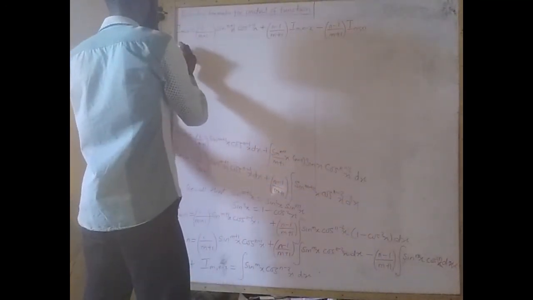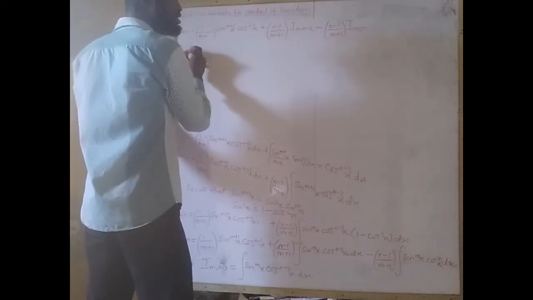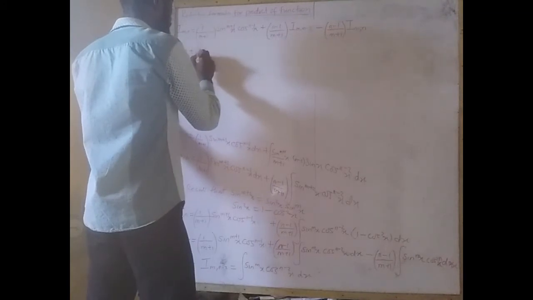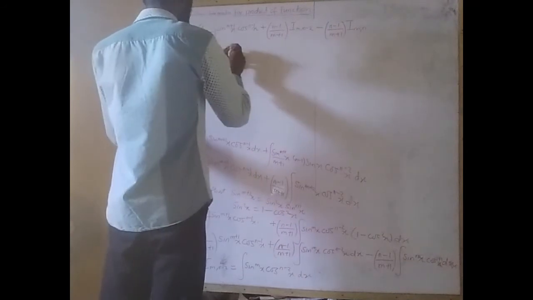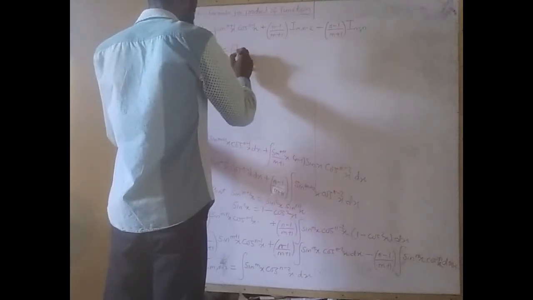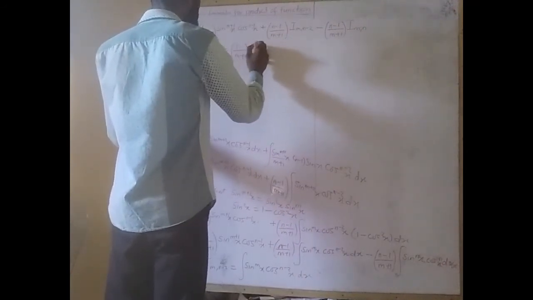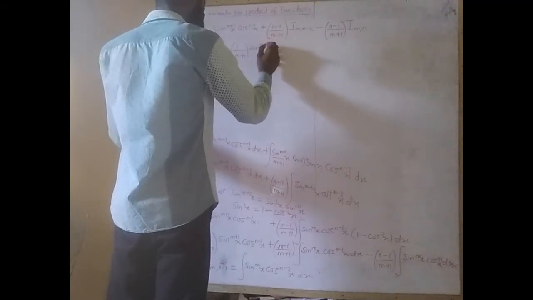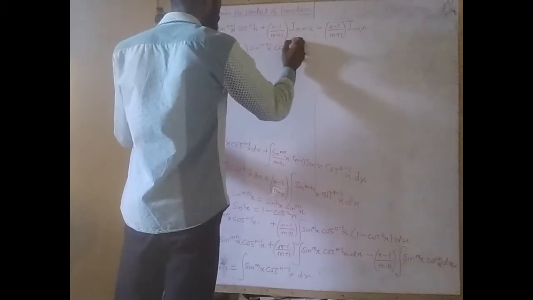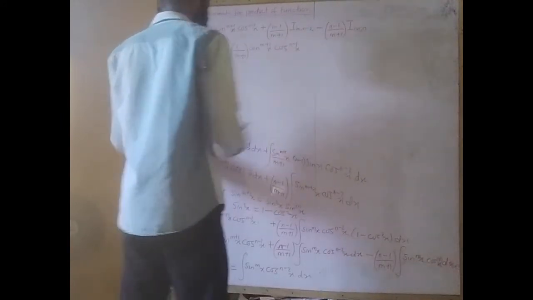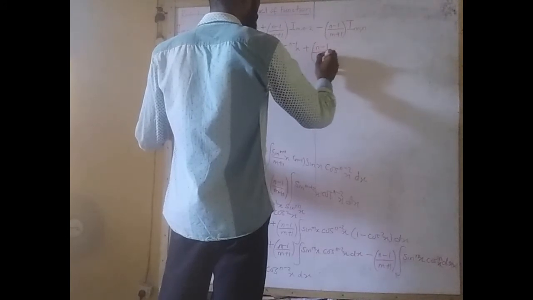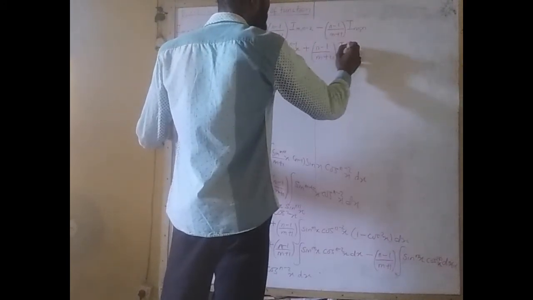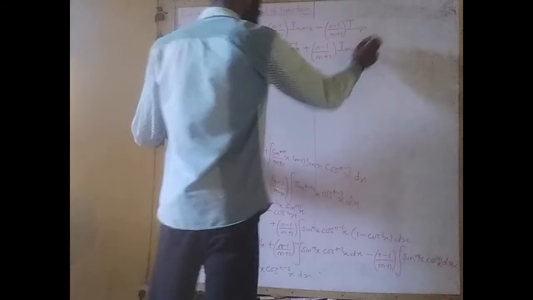I will have I(m,n) plus (n minus 1) divided by (n plus 1) I(m,n) is equal to 1 over (n plus 1) sin^(m+1) x cos^(n-1) x plus (n minus 1) divided by (n plus 1) I(m,n-2).